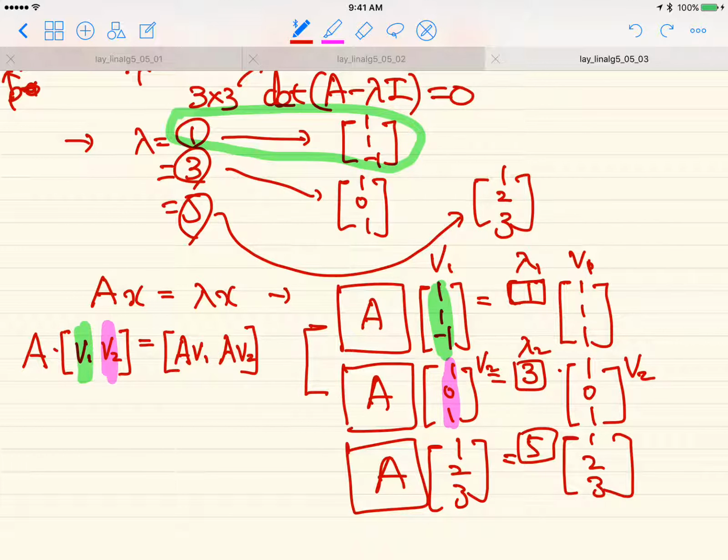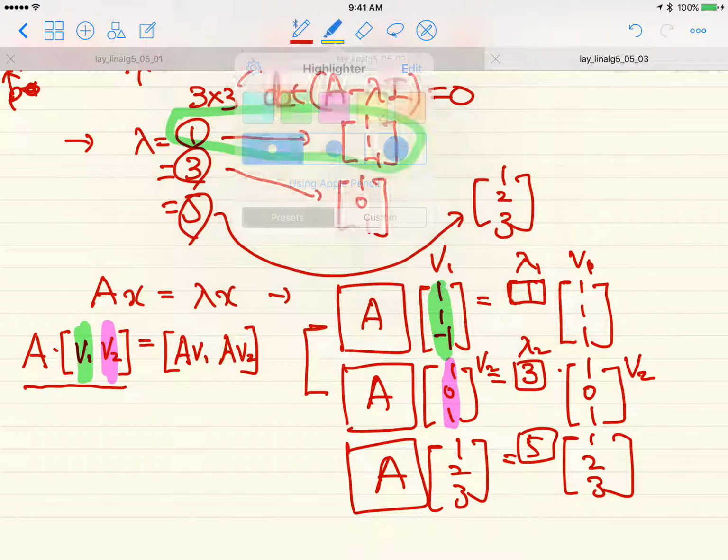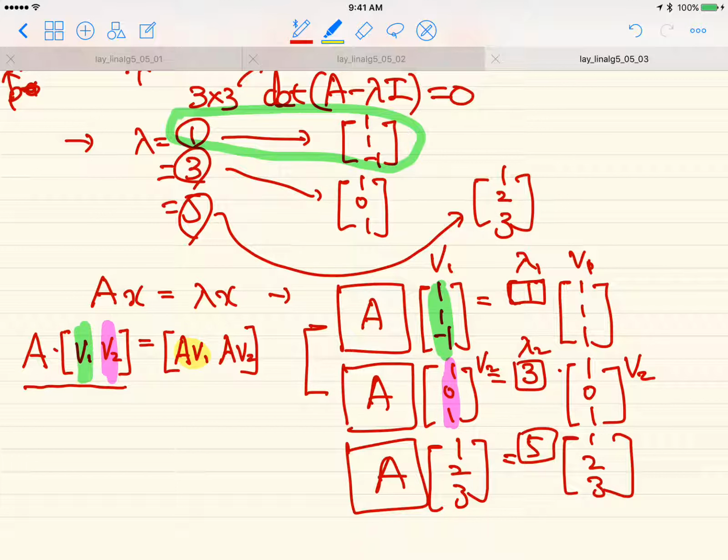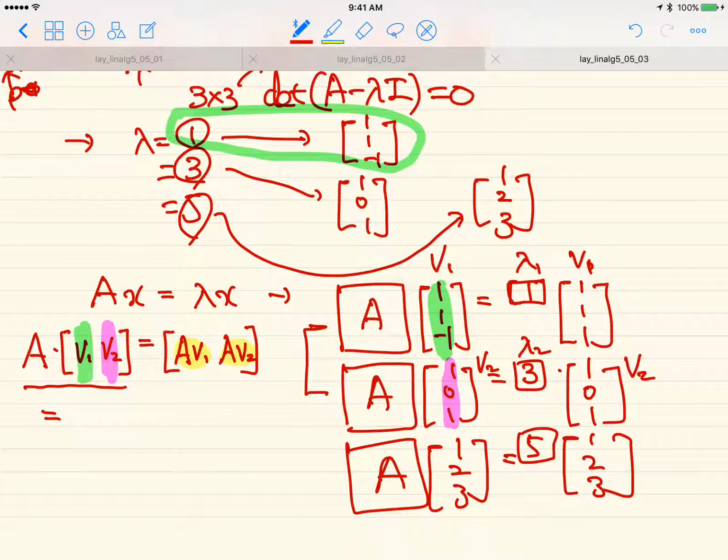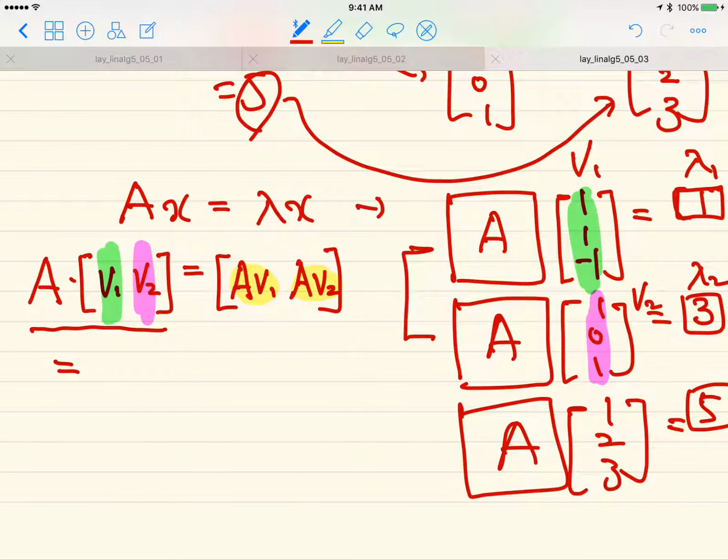Okay, and so after multiplying these two matrices, the first column will be A times V1, and then the second column will be A times V2, right? Yeah, so far so good, right? And then each of the columns will be represented as lambda 1 V1 and lambda 2 V2, right?